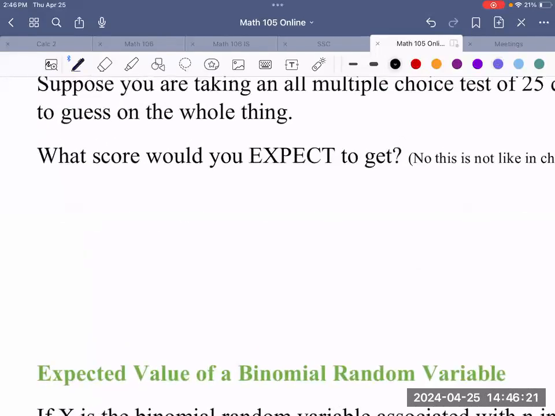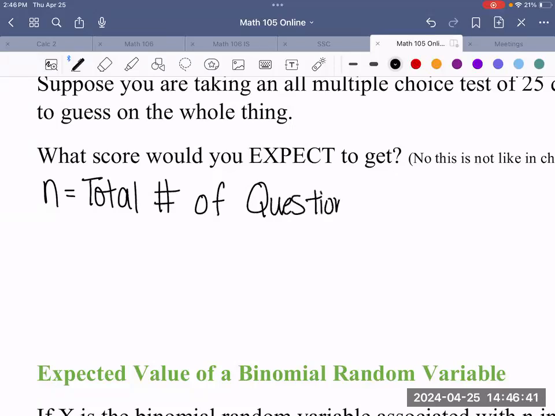So when we talk about your Bernoulli trial, those two outcomes, we always want to start with the number of trials, your total number. In our case, total number of questions. Well, we have 25 questions in total.